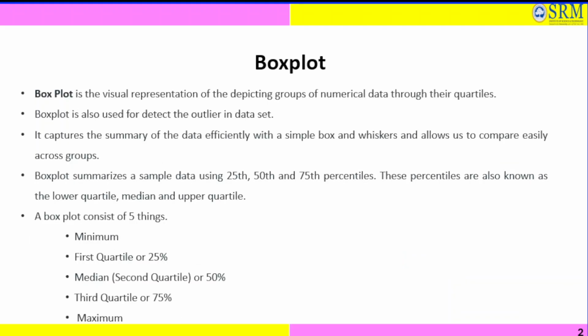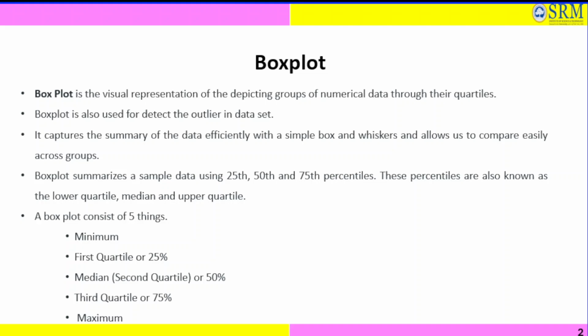The main purpose of using box plots is that they are helpful for identifying outliers. It is used for detecting outliers. That means you can see some data points that significantly deviate from the rest of the data. That is called an outlier.